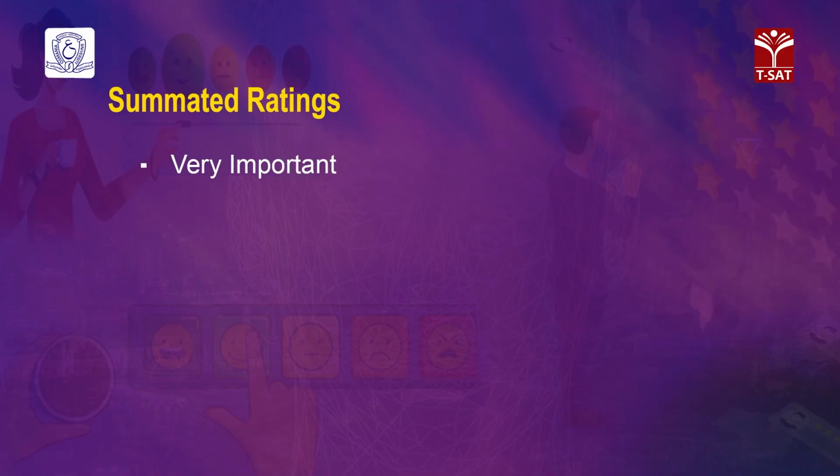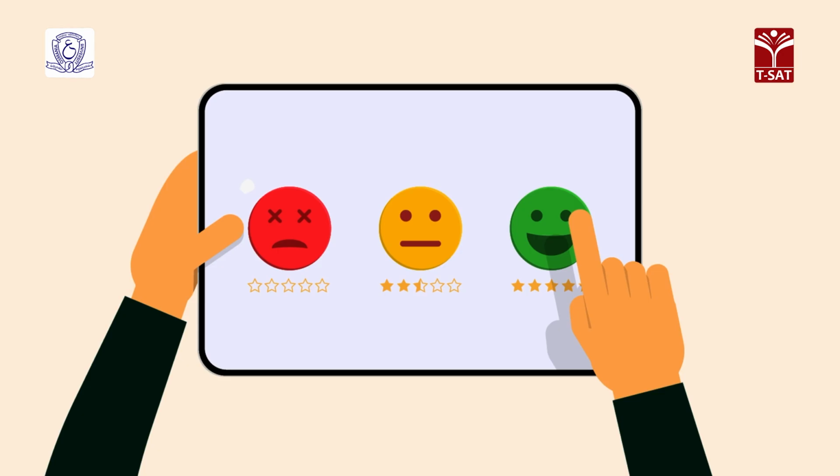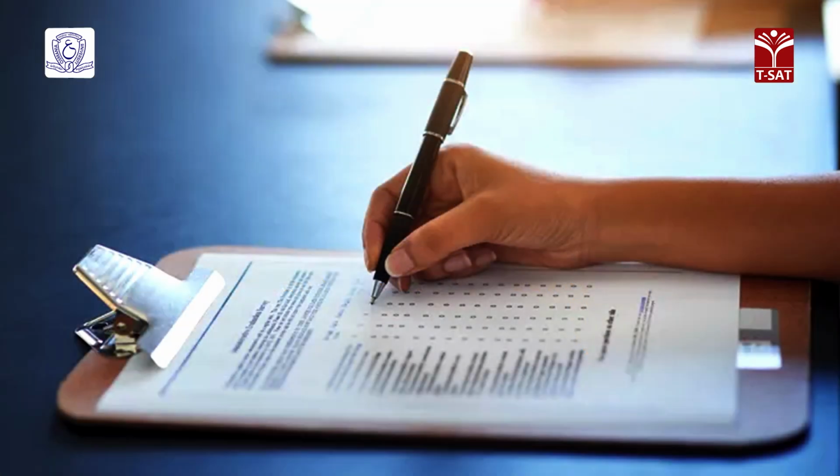Or on the other hand, how important they feel that particular dimension or that something is to them. Then the response categories will be very important, important, somewhat important, not very important, not important. The individual score on a particular attitude scale is the sum of all these ratings that the respondent gives on each of these items in the scale.